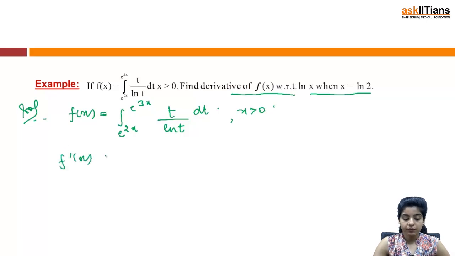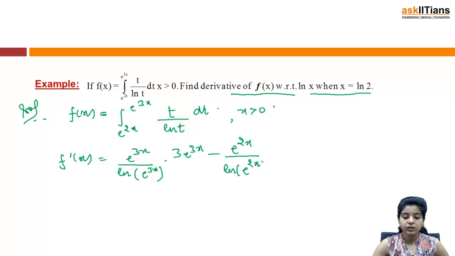First of all, how do I find out f'(x)? f(x) is given by integral e raised to 2x to e raised to 3x, this function. So f'(x) would be equal to value of function at upper limit, that is e raised to 3x by ln of e raised to 3x into derivative of upper limit, that is 3 e raised to 3x, minus value of function at lower limit, that is e raised to 2x by ln of e raised to 2x into derivative of lower limit.